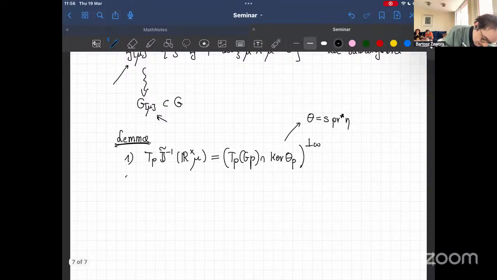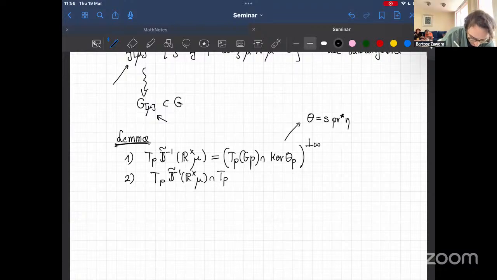Okay, and the second thing is that the tangent space to the pre-image of R cross mu, you're still in the symplectic setting. So now, in the second step, we want to reduce everything to the contact manifold.